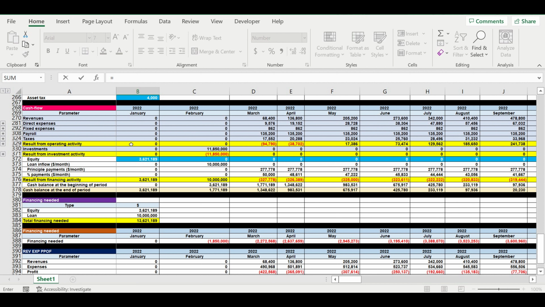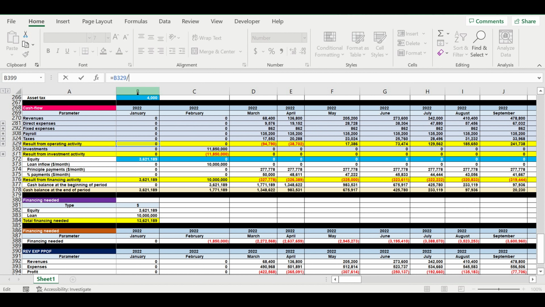What we are doing is taking the result from operating activity, which reflects your profit from the business itself. So the result from operating activities is revenues minus direct expenses minus fixed expenses minus payroll minus taxes. This is the value that illustrates how your business breathes by itself, without any principal payments, without interest payments, without a loan.